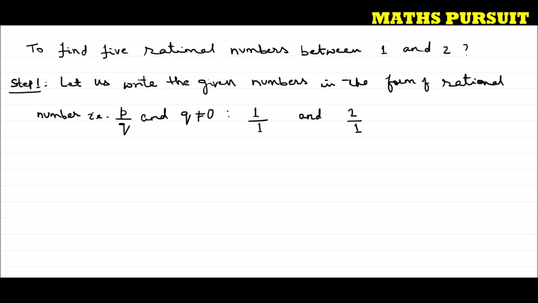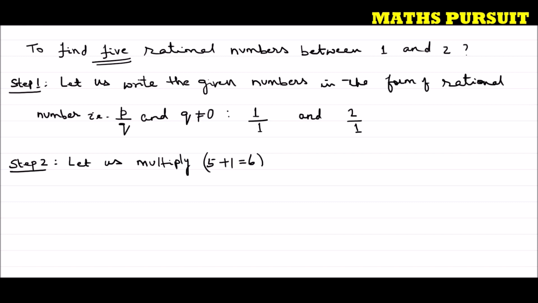In the second step, step number 2, the question has asked us to find 5 rational numbers, so we add 1 to 5, that is 5 plus 1, which is equal to 6.